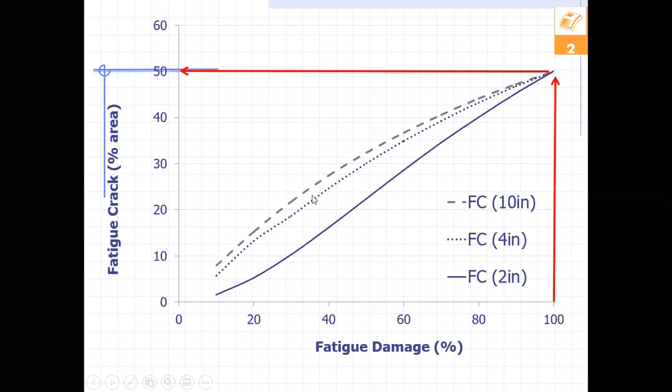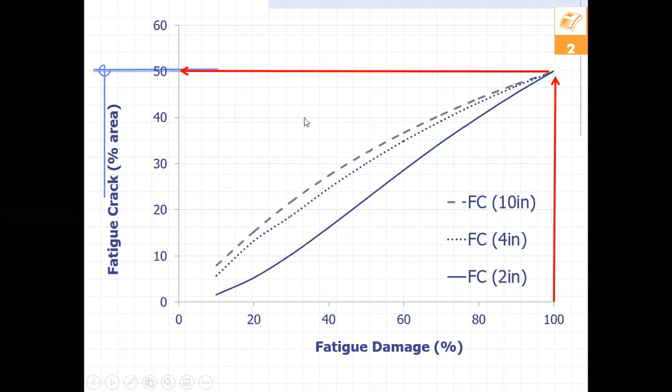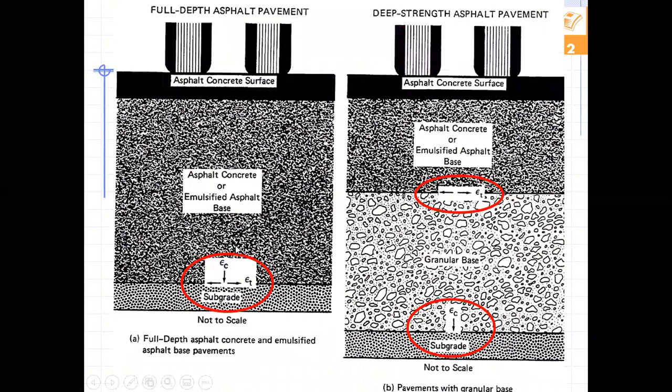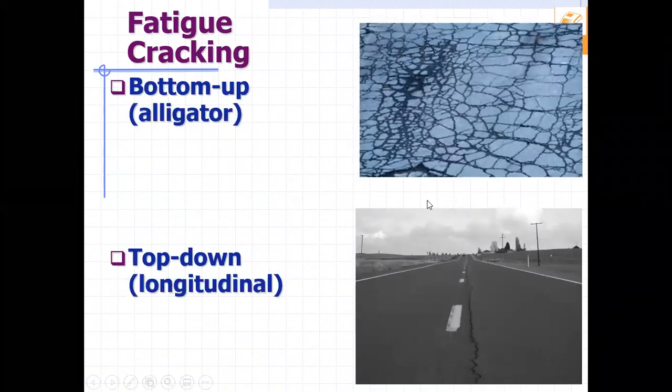But this is how we know how cracked the pavement surface is. So when we reach a given percentage, and the AASHTO recommends a 20% fatigue crack, then this layer is gone. It's time to put a new layer.